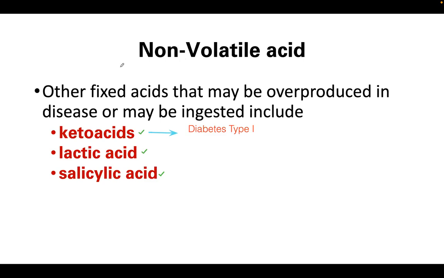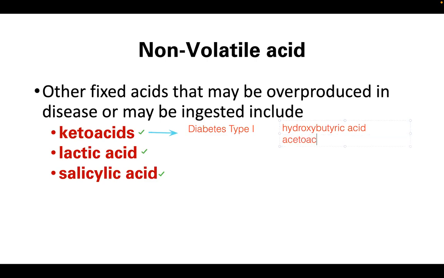Now, I want you to remember by heart that there are three ketone bodies. What are these three ketone bodies? We have hydroxybutyric acid. Can anyone fill in the blanks? What are the three ketone bodies?